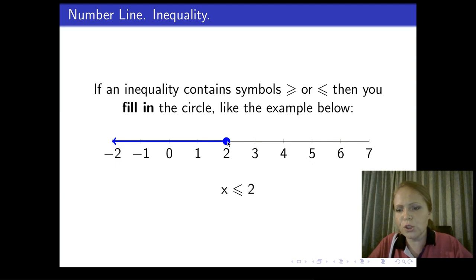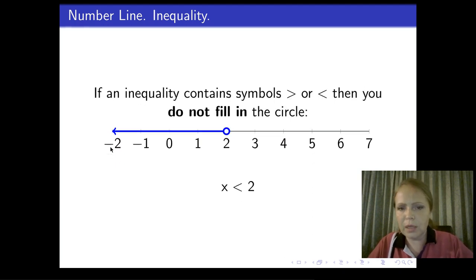You have to show the closed solid dot. And then you have to shade all numbers going to the left of number 2 because x is less than number 2. Remember, x can be equal to number 2. This dot shows you number 2 is also a solution for this inequality. X can be equal to or smaller than number 2.